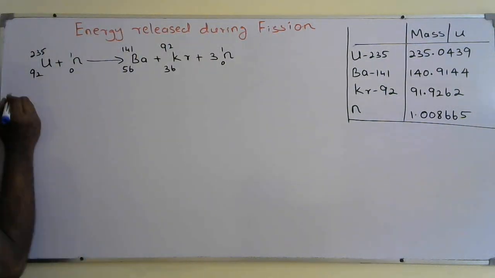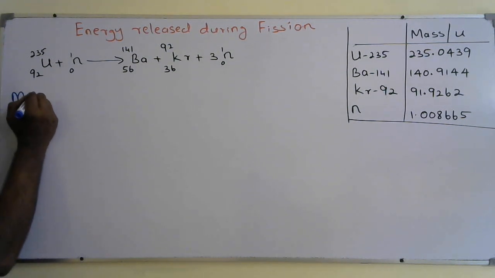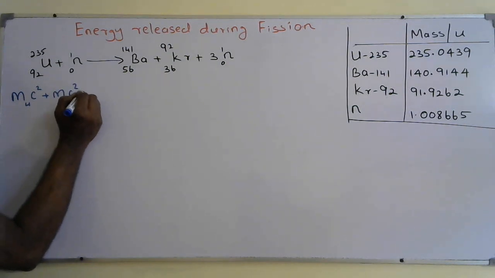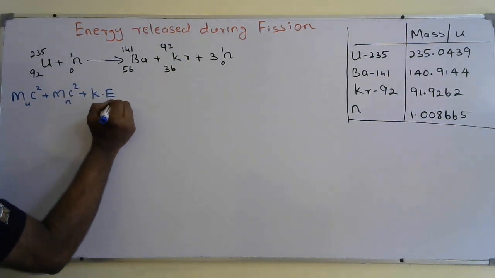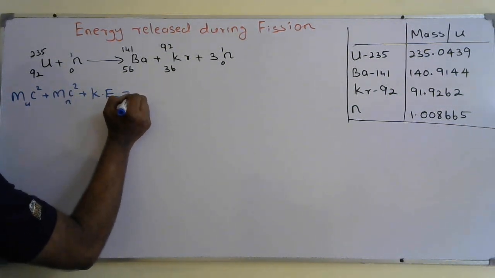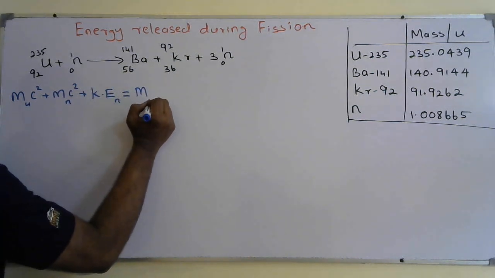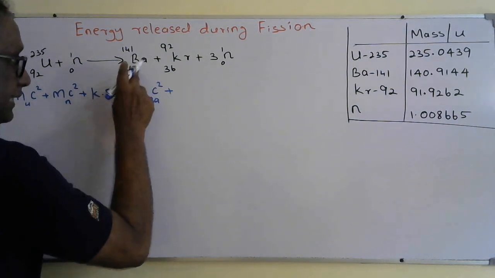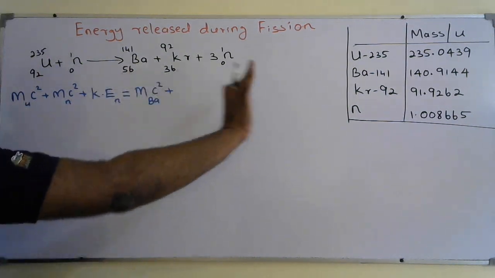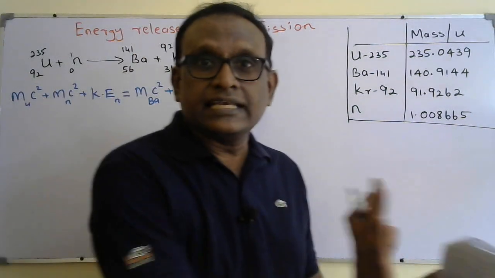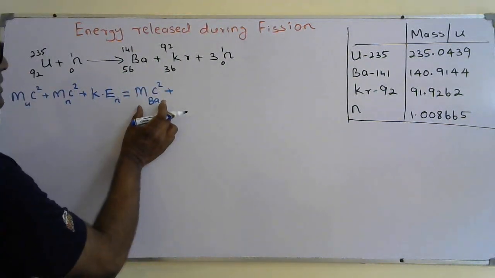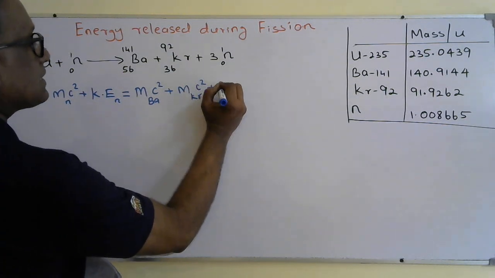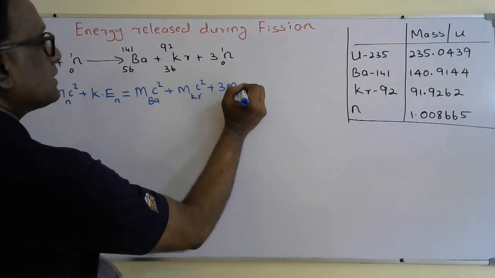So it becomes mass of uranium c squared plus mass of neutron c squared plus kinetic energy of neutron, equal to mass of barium c squared plus its kinetic energy. I'll put all the kinetic energy as the energy release finally. Mass of barium c squared, mass of krypton c squared plus 3 times mass of neutron c squared.